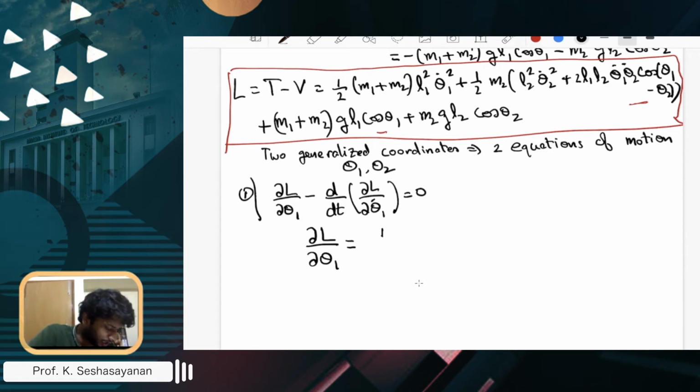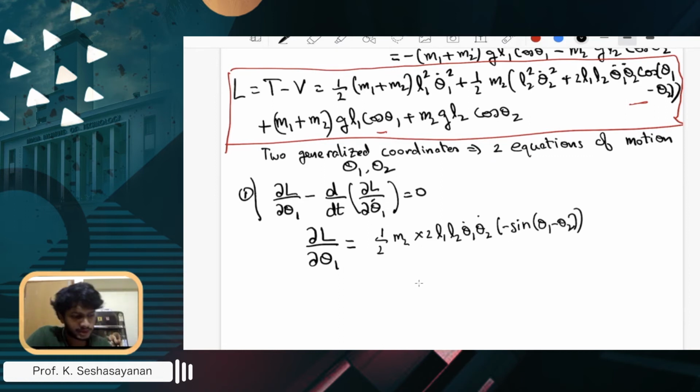The first one we get half m2 times 2 L1 L2 theta 1 dot theta 2 dot. So we can write this as partial cos by partial theta 1, so that is minus sine theta 1 minus theta 2, and then we just take partial of theta 1 minus theta 2 by partial theta 1, which is 1.